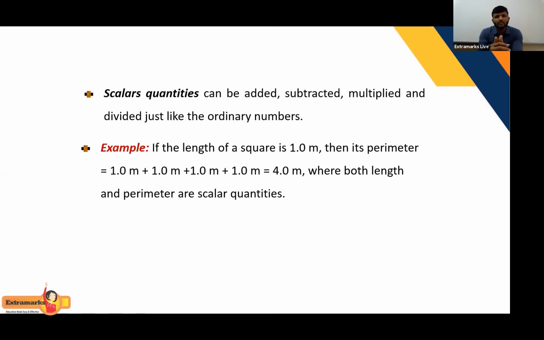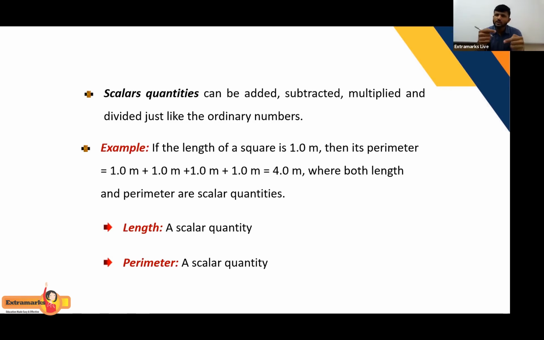If I ask you 2 plus 3, you will say 5. If I ask 9 plus 2, it will be 11, right? Similarly, you can multiply and divide numbers easily the way you learned in previous basic classes. I am focusing on this because it is somewhat different from what we are going to do in vectors. In order to add vectors, we have a different law that we will talk of later.